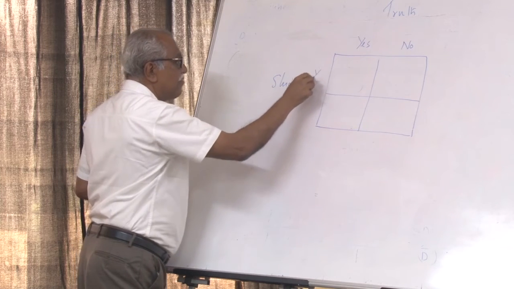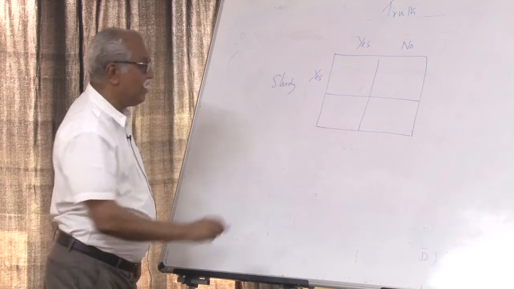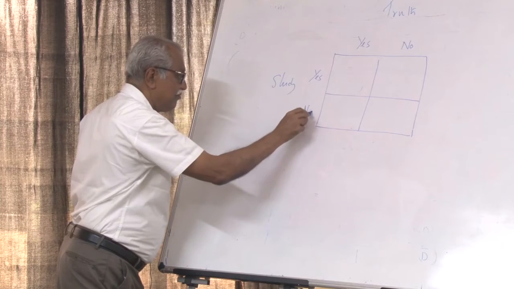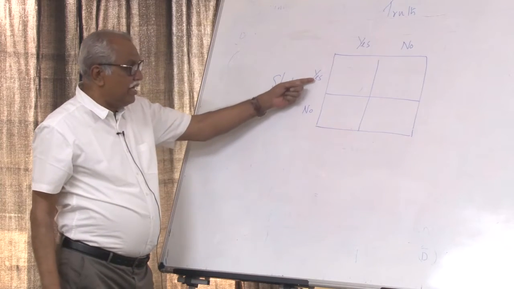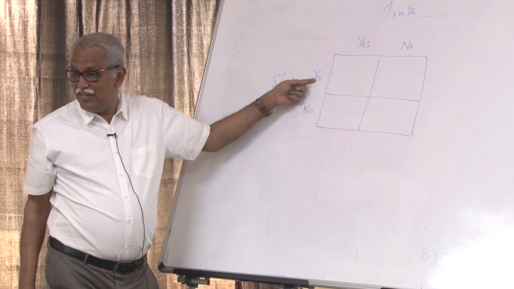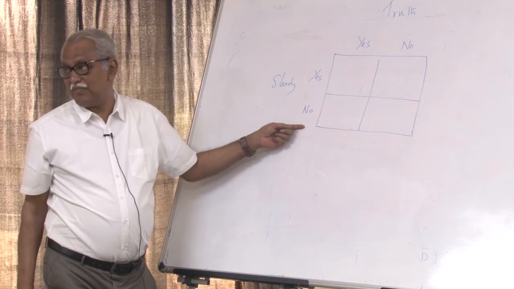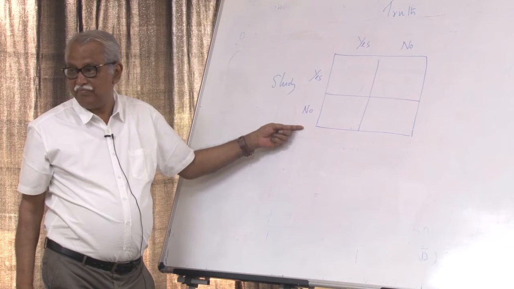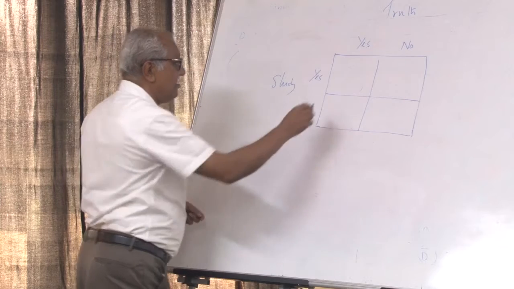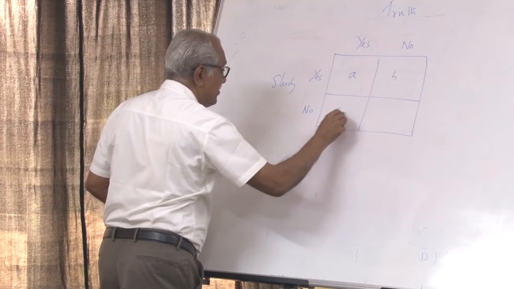And he may come out with the feeling, yes, this drug works, or no, it doesn't. Here, the person rejects the null hypothesis. Here, the person accepts the null hypothesis. Okay? Now, it gives you these 4 columns.